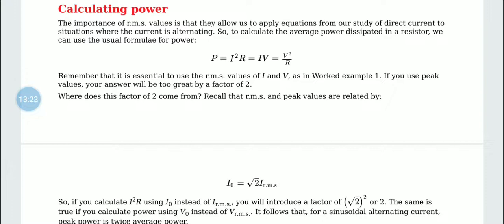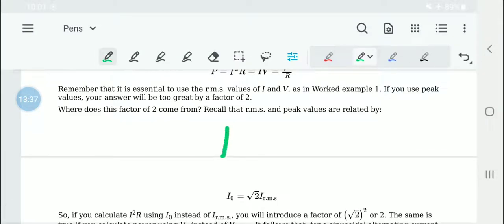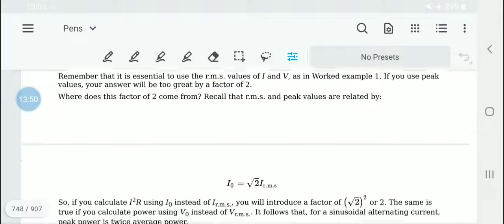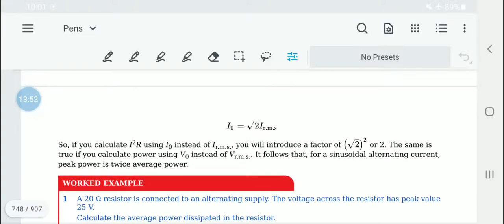Now I0 is equal to root 2 times I RMS, that is what we had. So if we use I squared R, then what happens? When we square it, root 2 squared is 2, so it would have a factor of 2.